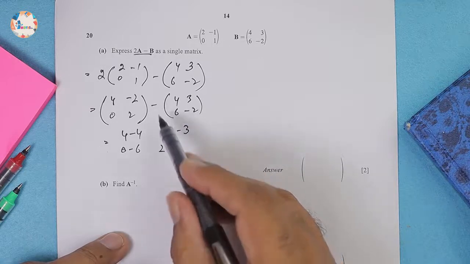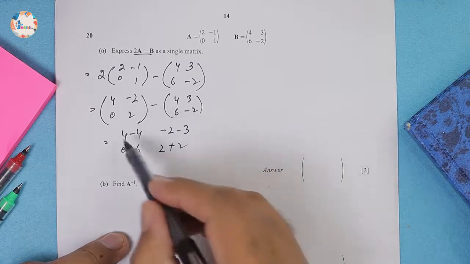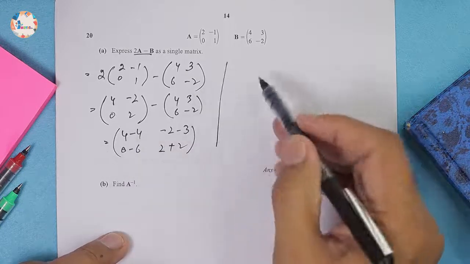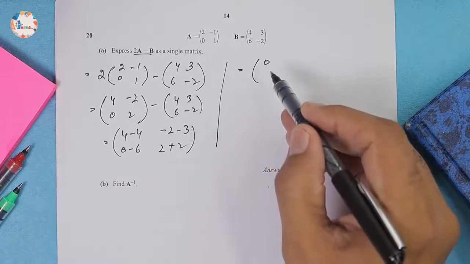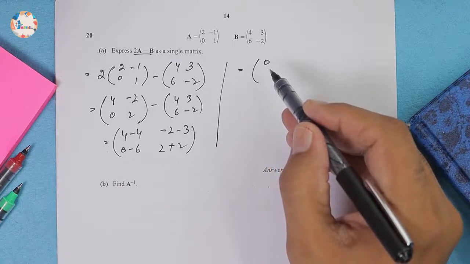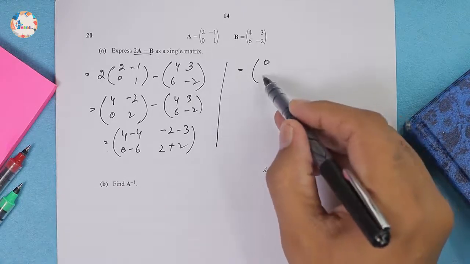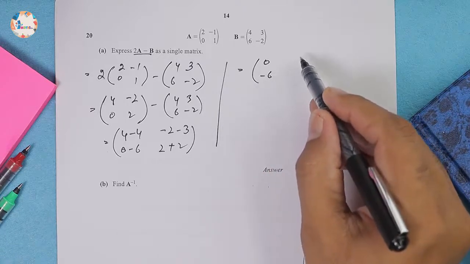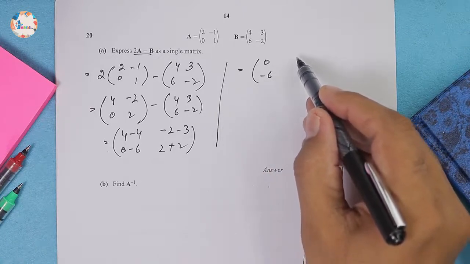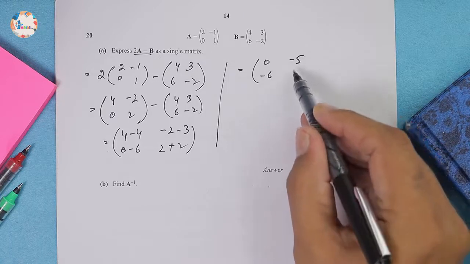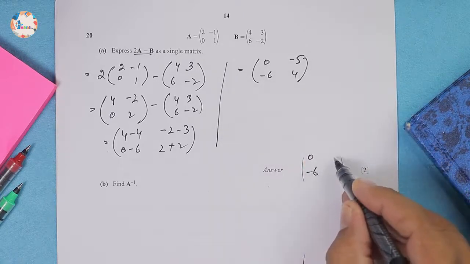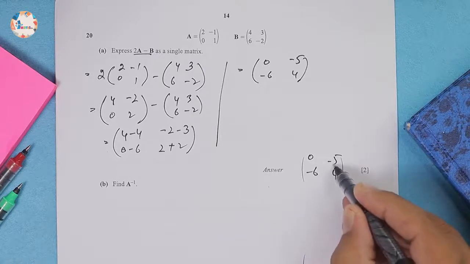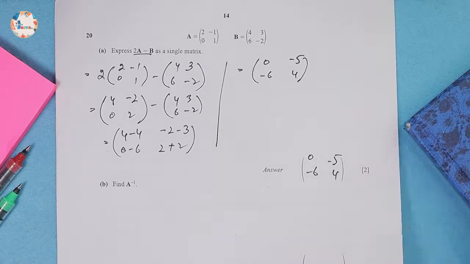So 2 minus minus 2 will be plus 2, so we can write it like this, and this will result in 4 minus 4 is 0, and 0 minus 6 is minus 6, minus 2 and minus 3 is minus 5, and 2 plus 2 is 4. Our final matrix we can write over here at the proper place which they have provided for the answer.